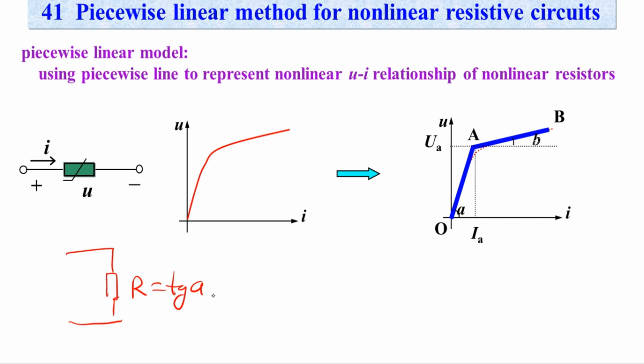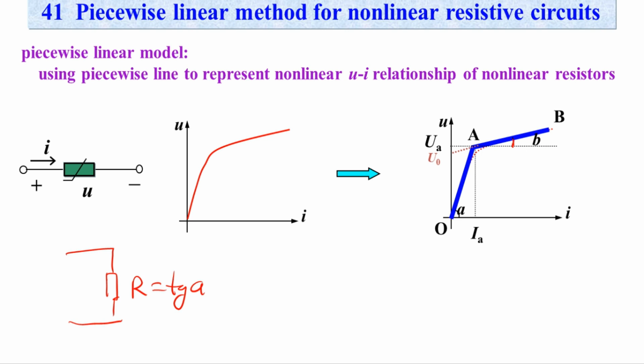The next part is relatively difficult. It is the line AB. The line AB has an angle with the horizontal axis. This angle is B. Of course, it also corresponds to a resistor, but according to the Thevenin theorem we've learned, such a straight line corresponds to a Thevenin circuit, which consists of a voltage source and a serial resistor.